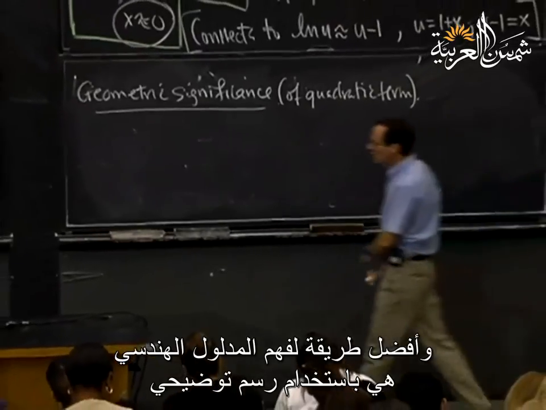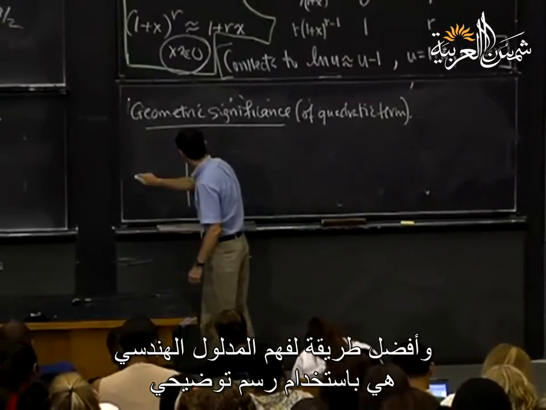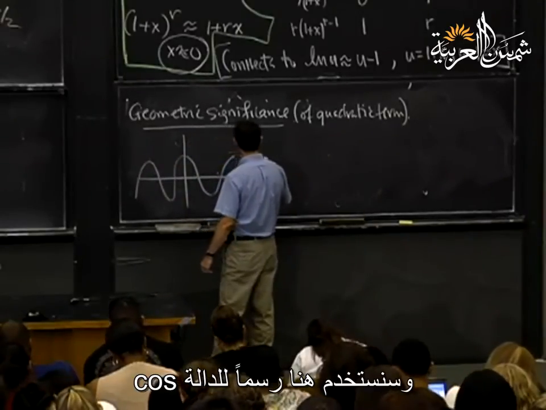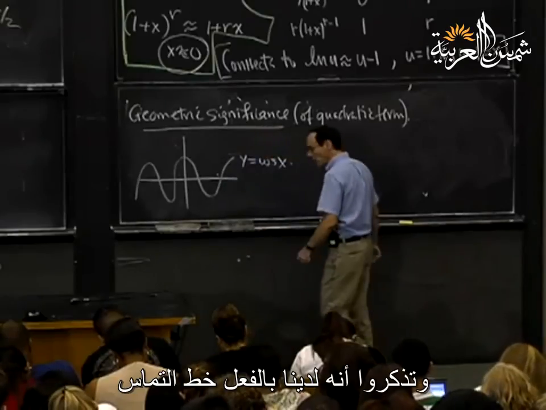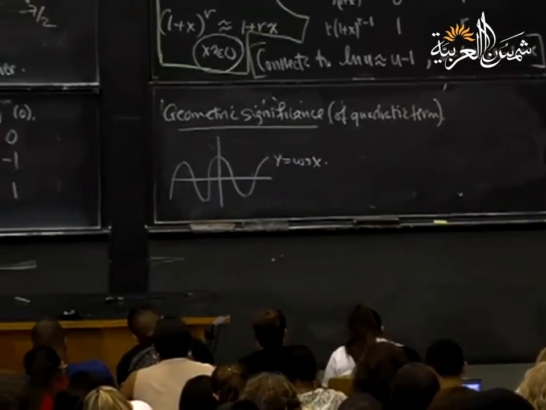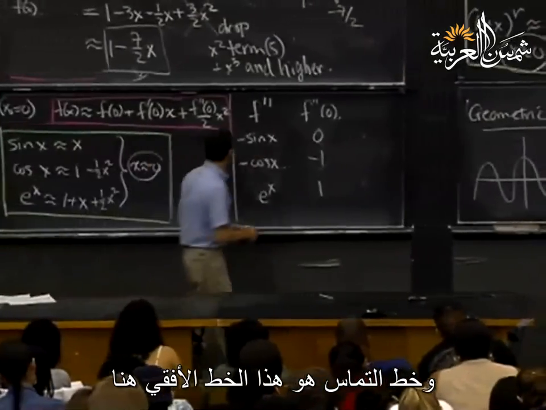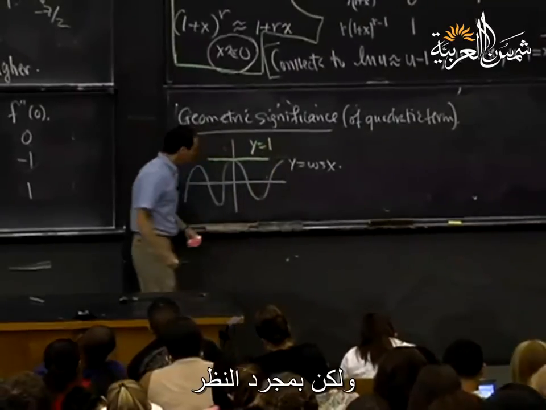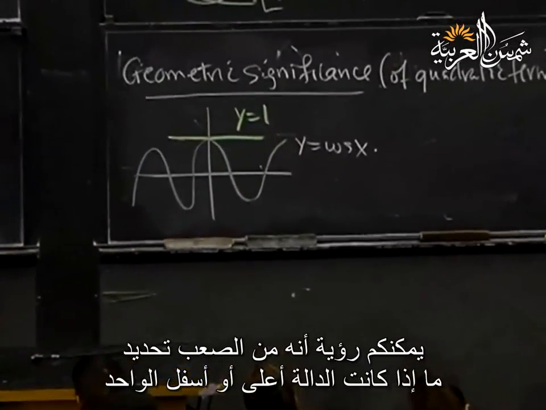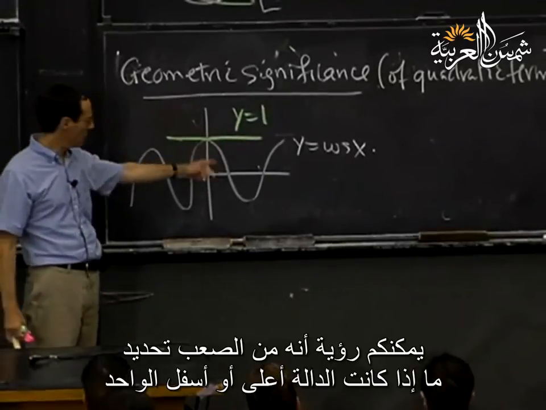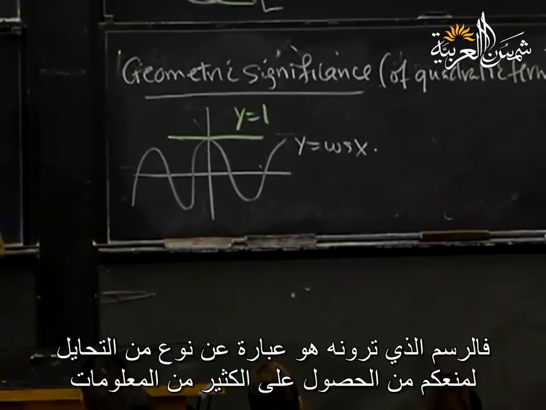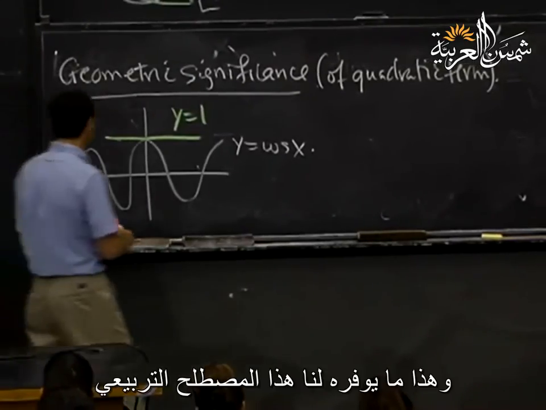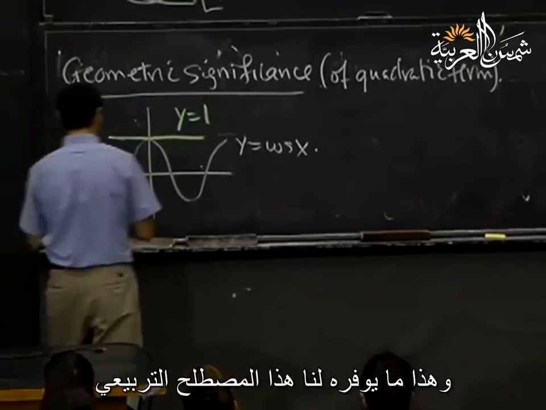So the geometric significance is best described by just drawing a picture here. And I'm going to draw the picture of the cosine function. And remember, we already had the tangent line. So the tangent line was this horizontal here. All right, and that was y equals 1. But you can see intuitively, that doesn't even tell you whether this function is above or below 1 there. It doesn't tell you much. It's sort of begging for there to be a little more information to tell us what the function is doing nearby. And indeed, that's what this second expression does for us.